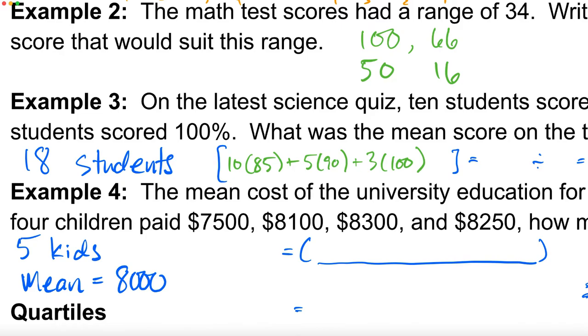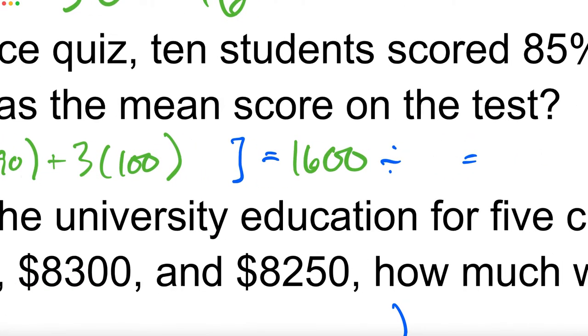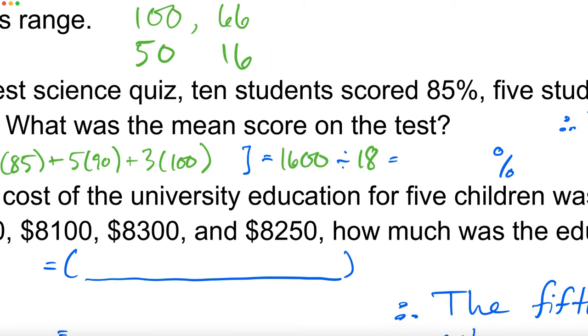So I'm just going to tally that up. That's 10 times 85 plus 5 times 90 plus 3 times 100, and that gives us 1,600 total. We're going to divide that by the 18 students, and then we will get our average, or mean.